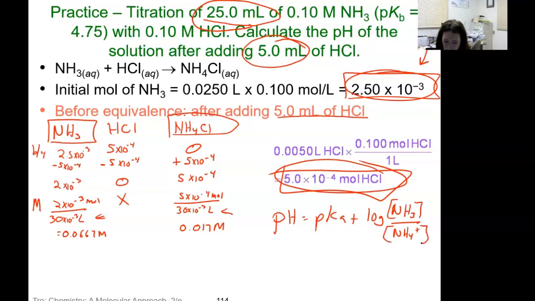Technically, you have molarity in here, right? But since we're dividing them both by the same liters, you can do moles in Henderson-Hasselbalch. You're going to try it. You will get legitimately the exact same answer.